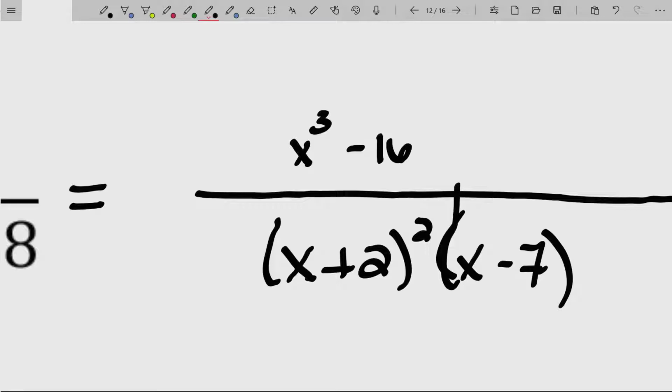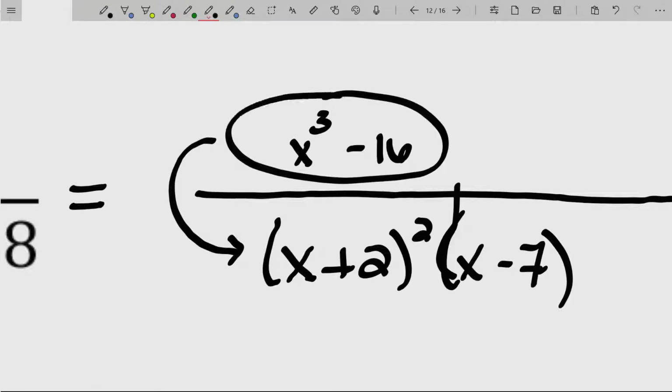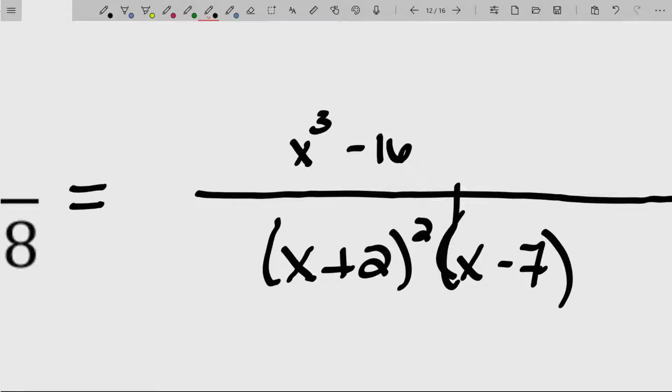The only reason why I would factor the numerator is if I know a factor will cancel with a factor in the denominator. But because I know this will not factor cleanly, there's no point in me factoring it because it's not going to cleanly cancel one of those clean factors in the denominator, one of these guys right here. It's just not going to kill off either of those.